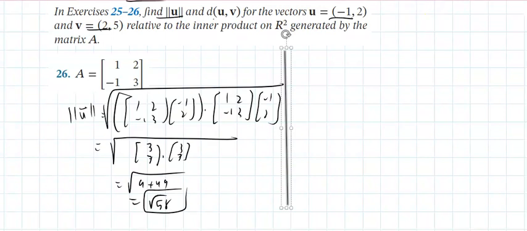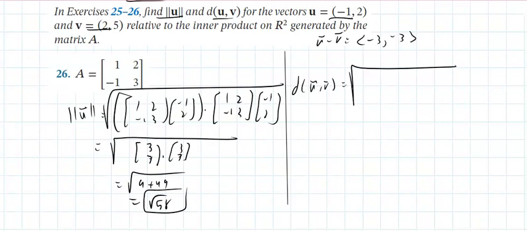And if I want to find the distance of UV, well, I have to take U minus V, which is negative 1 minus 2, that's negative 3. 2 minus 5 is negative 3. And now what I'll do, I'll say that's the square root of U minus V. So that is 1, 2, negative 1, 3, negative 3, negative 3. Dot it with 1, 2, negative 1, 3, negative 3, negative 3.